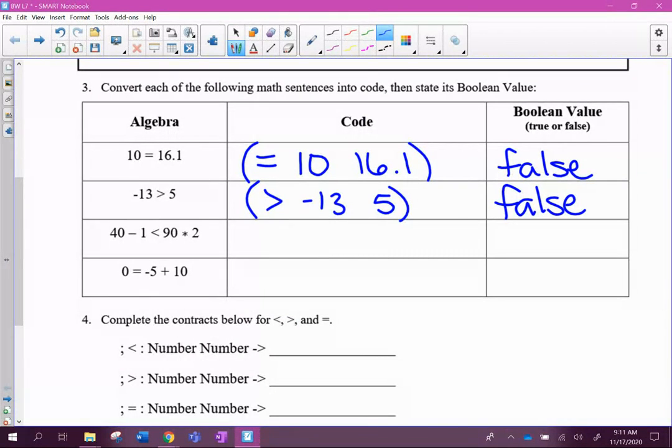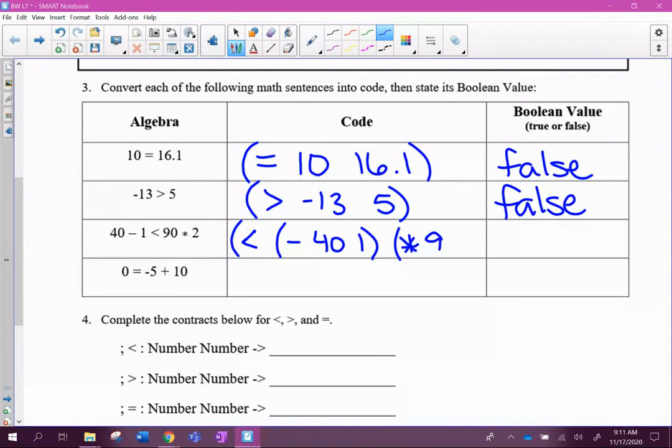All right, the next one. 40 minus 1 is less than 90 times 2. So parenthesis, less than is my function. We're doing 40 minus 1, so I have to start my own code, minus 40 1. And we're trying to compare that to 90 times 2.